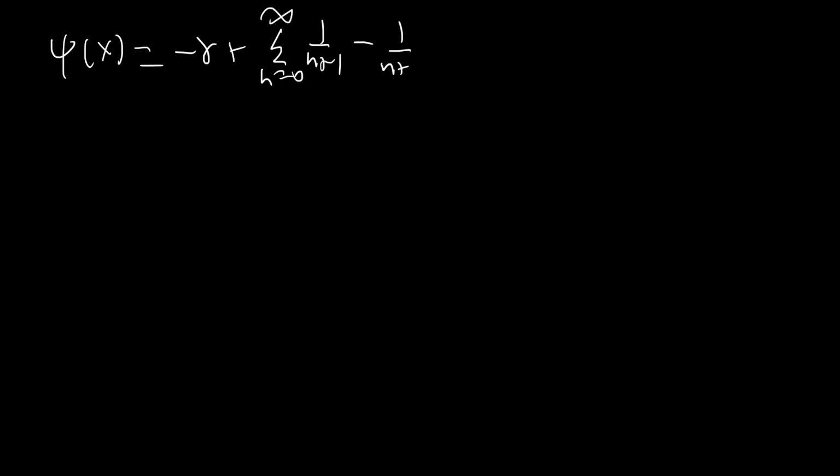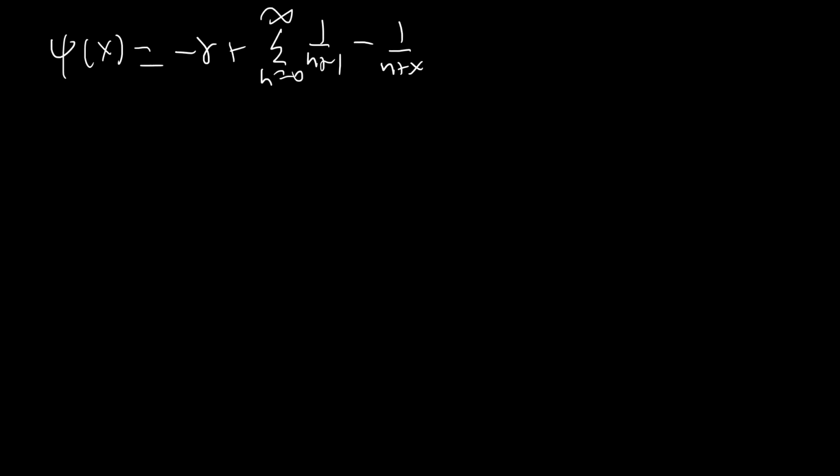So a slightly better behaved function than the gamma function is the digamma function. And so digamma of x is equal to negative gamma plus the sum from n equals 0 to infinity of 1 over n plus 1 minus 1 over n plus x.